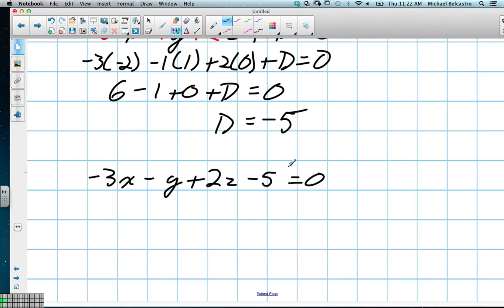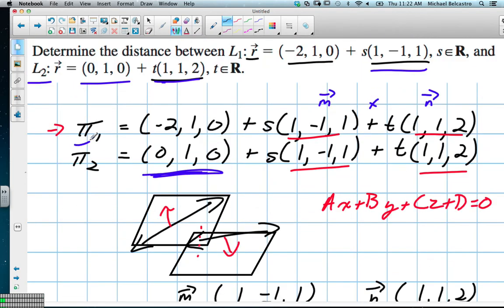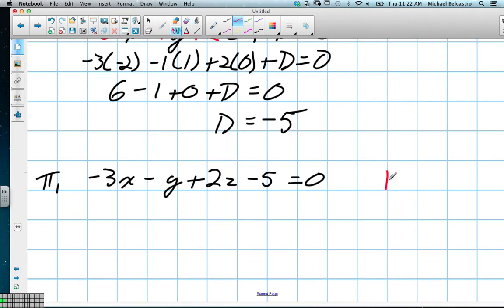Now remember, if that's our Cartesian form, and that was plane 1, we're now finding the distance between plane 1 and the other point. So the point on plane 2, which is 0, 1, 0. Okay? So our p in this equation, when we go to put in our formula, is 0, 1, 0. Now we can use that formula once we've set this all up properly. We can use our distance formula.